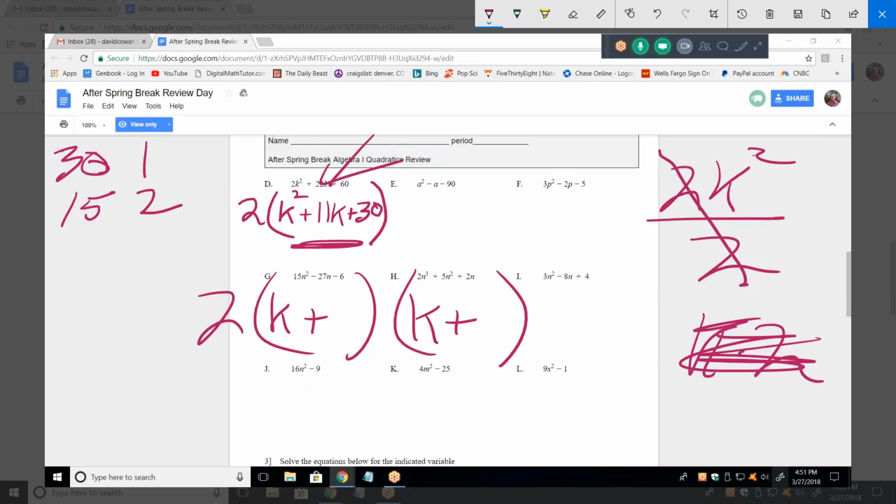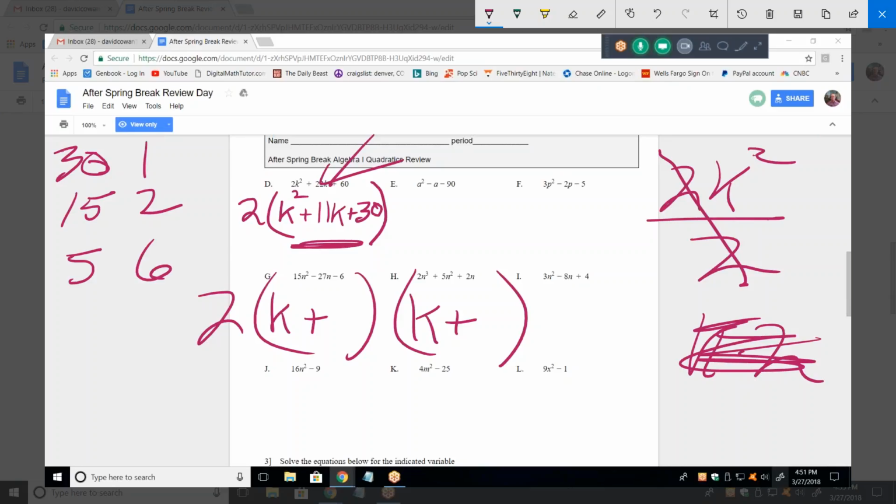So 15 times 2 has to also equal 30. Now, I cannot cut 15 in half anymore, but can I cut it in thirds? Yes. So if I divide that by 3, I get 5, which means I multiply the 2 by 3, and I get 6.